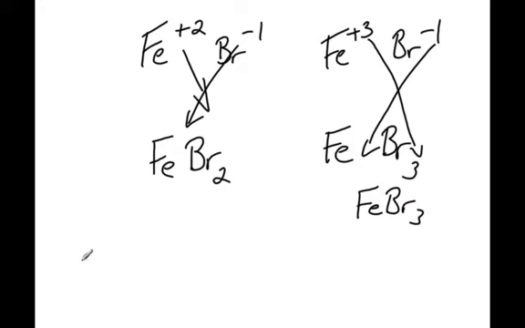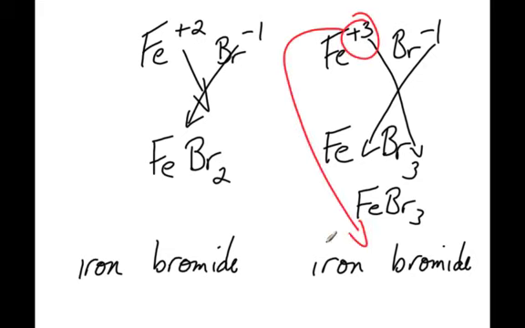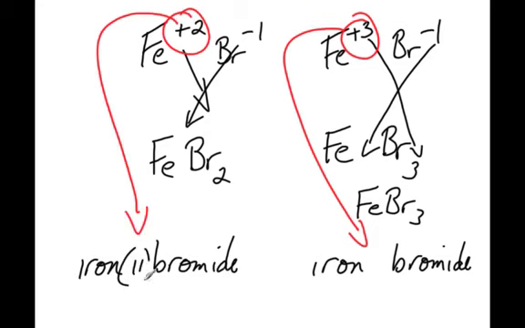So again, this would still be called iron bromide in both cases, unless we come up with a way to include the charge. So I take my +3 or my +2 and I make sure that I add those in using my Roman numerals. Pretty straightforward.